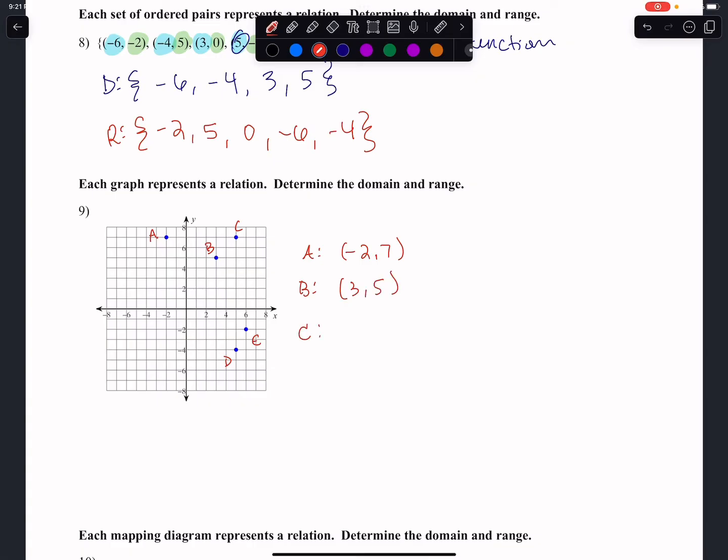Point C is where? 5, 7. Point D is at 5, -4. And point E is at 6, -2.